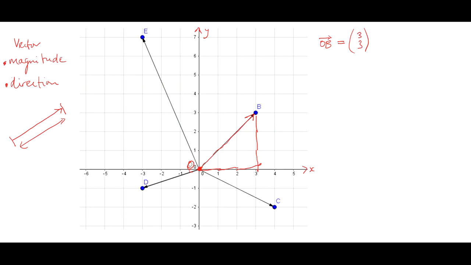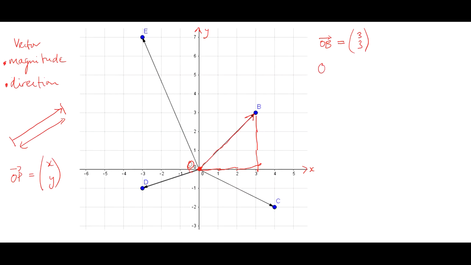Any point, let's say OP, we can write a column vector in the form x, y, where x represents the movement in the x direction, and the y represents the movement in the y direction. So OB is the vector 3, 3.